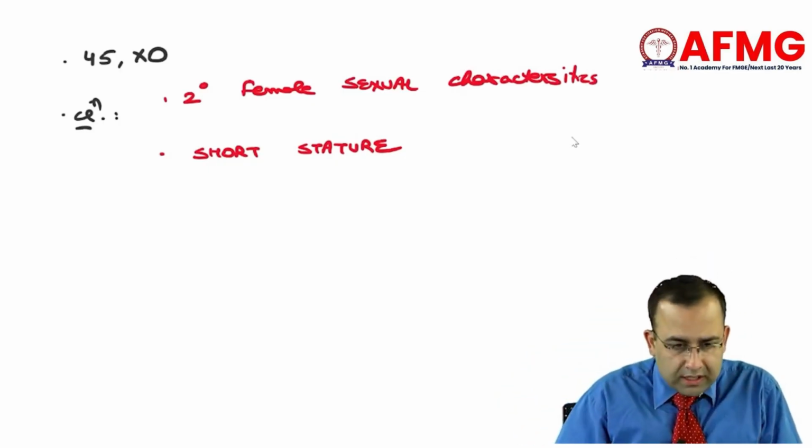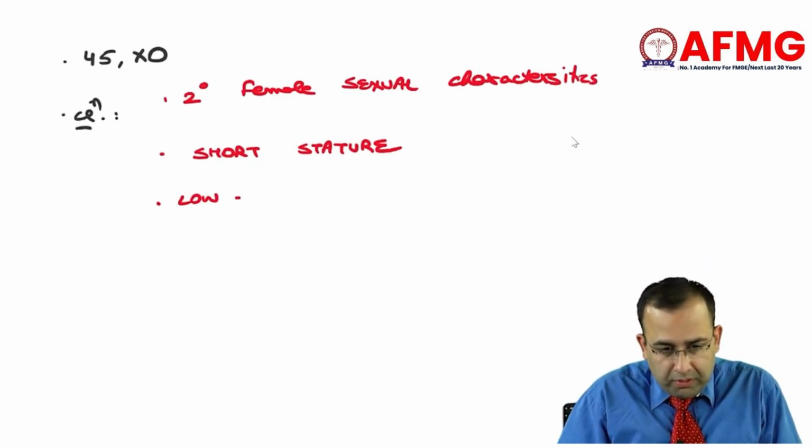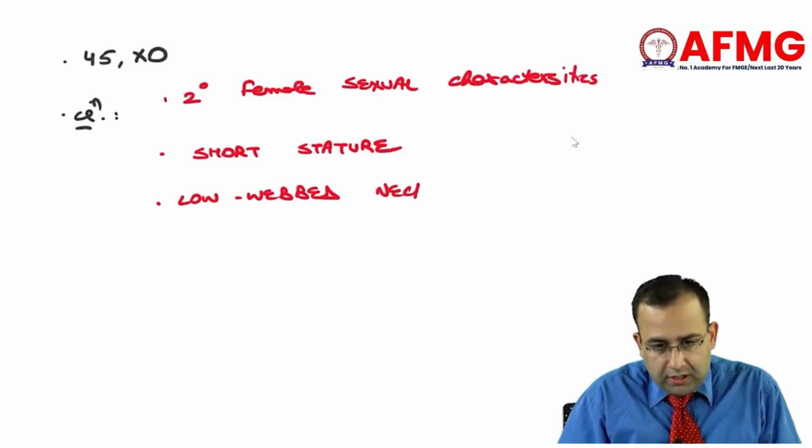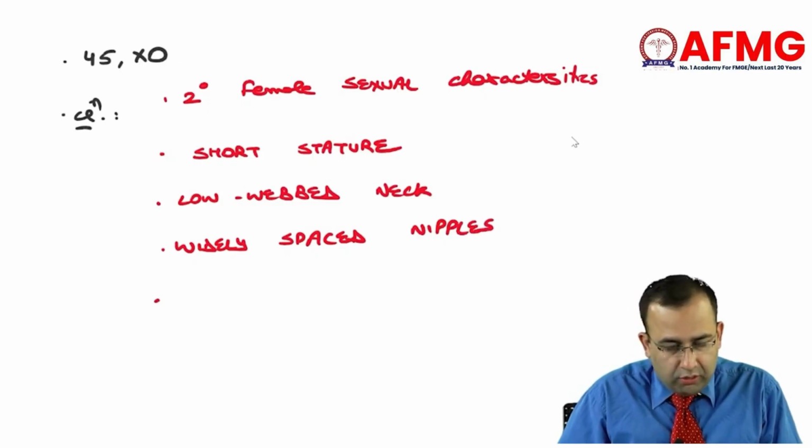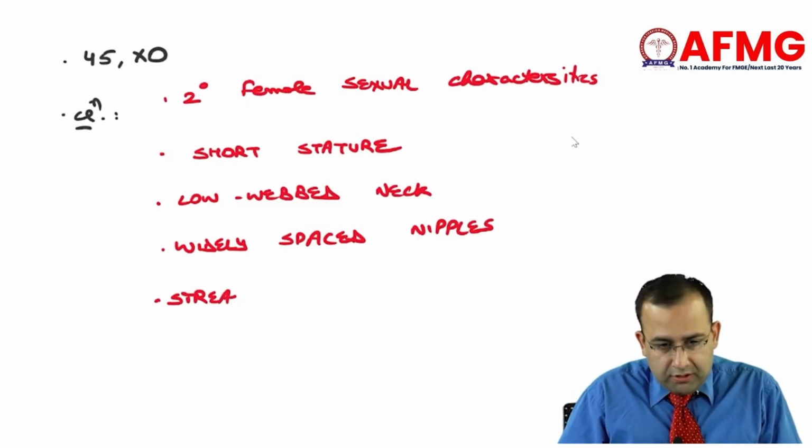So the girl has a short stature, low webbed neck, widely spaced nipples, streak ovaries. Streak ovaries means there is fibrosis in the ovaries.